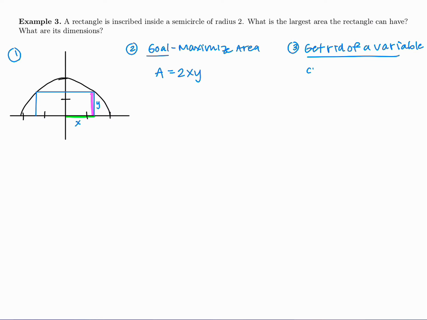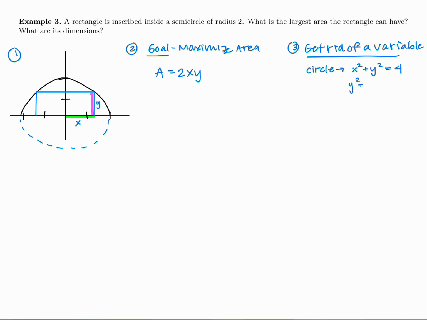If I were to extend it down here and write the equation of the whole circle, it is x squared plus y squared equals 4. Remember, that's centered at the origin 0, 0, so we don't have x plus something squared or y plus something squared. And 4 is our radius squared. Our radius here is 2, because we were told we have a semicircle of radius 2. So there it is. I'm going to take this and solve it for y.